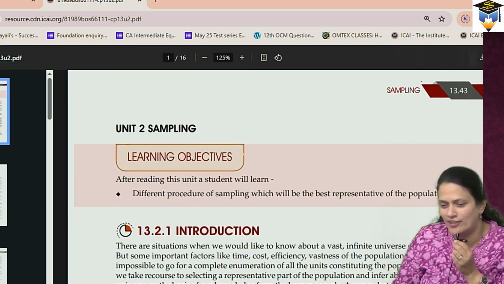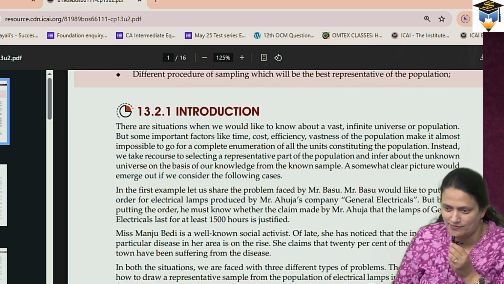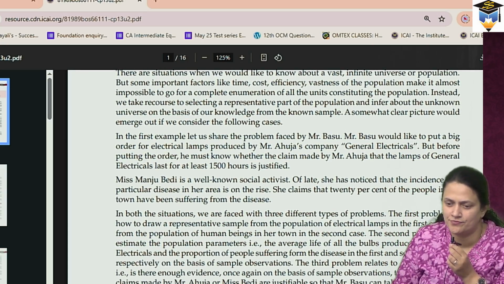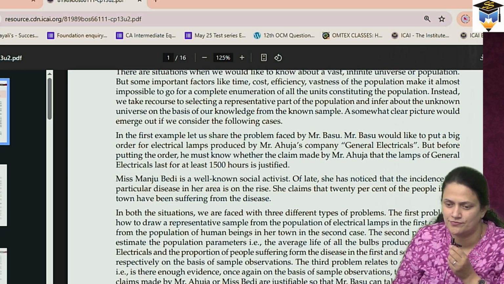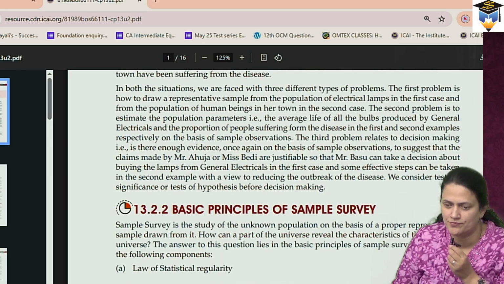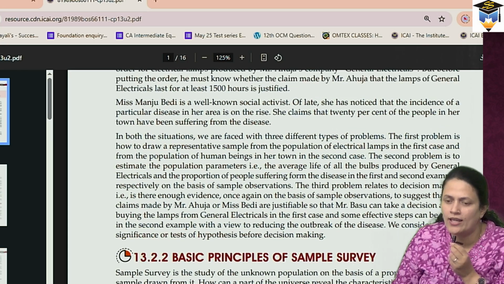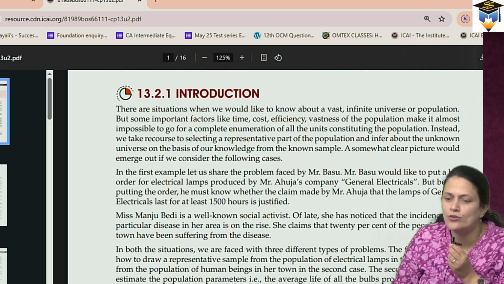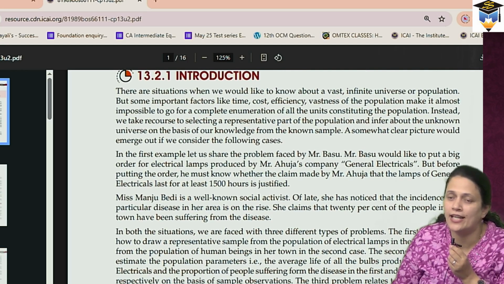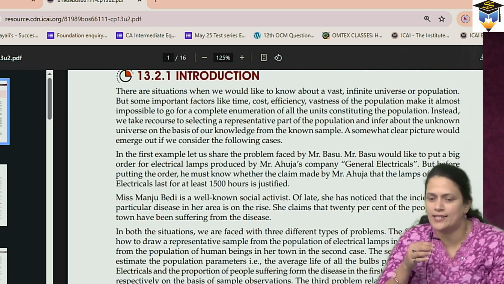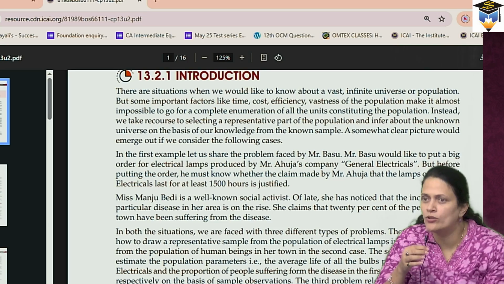Again, a lot of theory today. Now I want you all to read this introduction part from the textbook. Please go through the introduction.